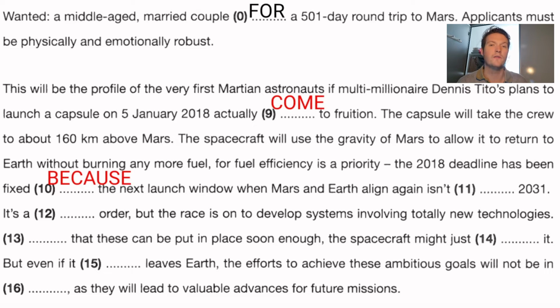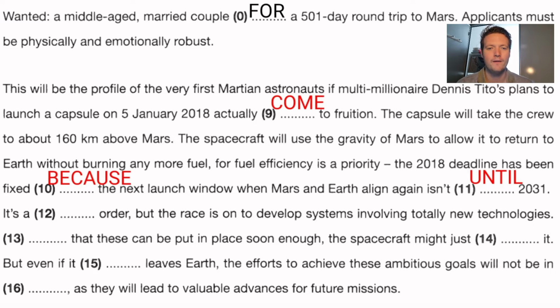It's because if not, they would have to wait until 2031, which would be the next time when Earth and Mars come close together, no? When they next align, I suppose. Yeah, I think that's right. That's why they have fixed that window. 2018 is the deadline, because if not, they're going to have to wait till 2031.